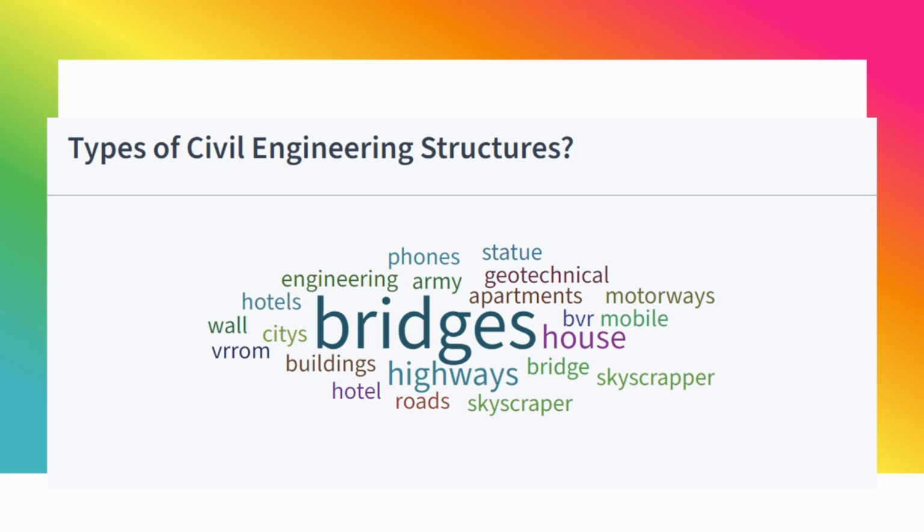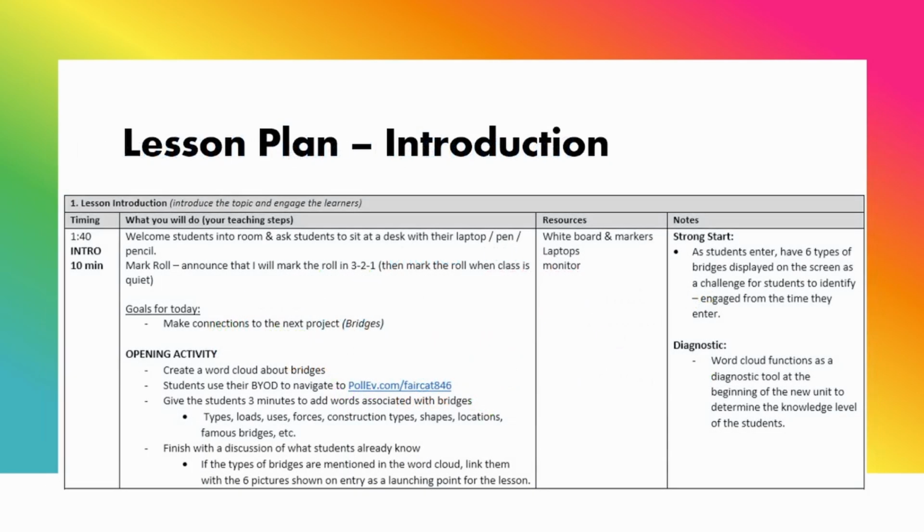So ultimately this is a brainstorming activity, but it's an interactive brainstorming activity, as well as the students being able to see in real time how their answers are impacting the group's collective brainstorming activity, putting the information up there.